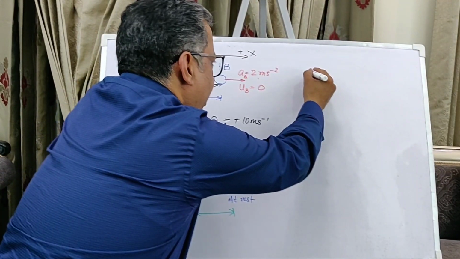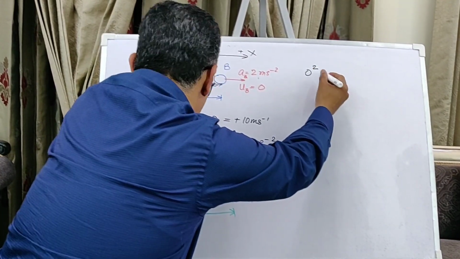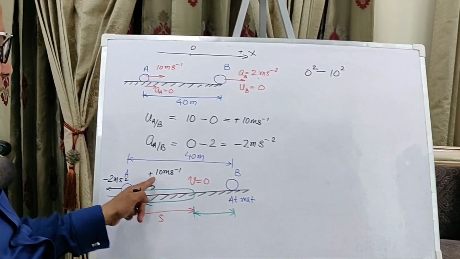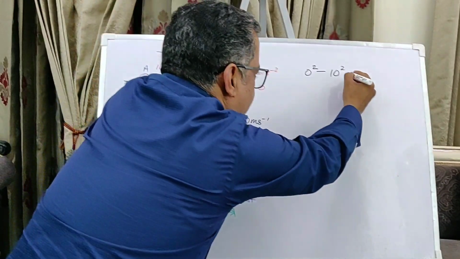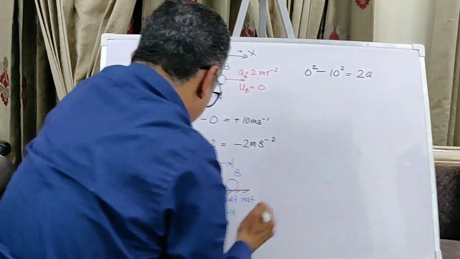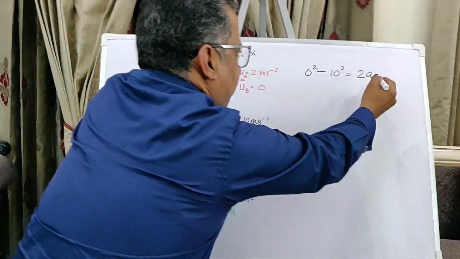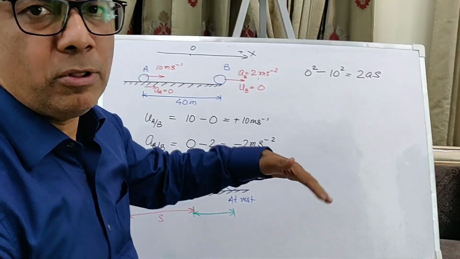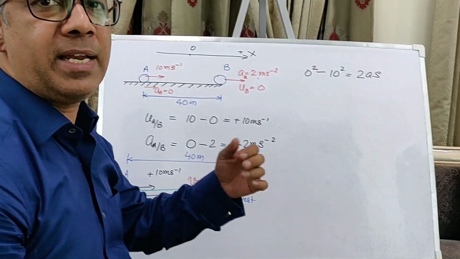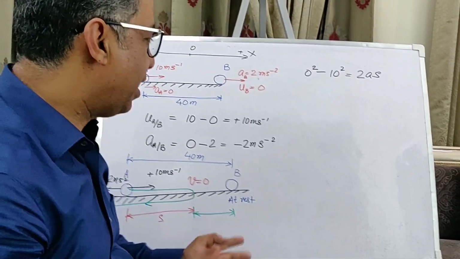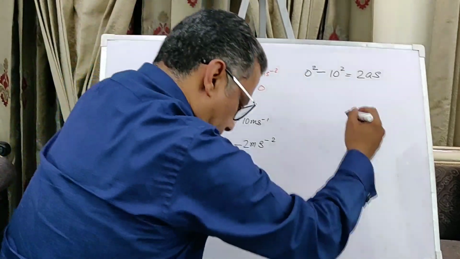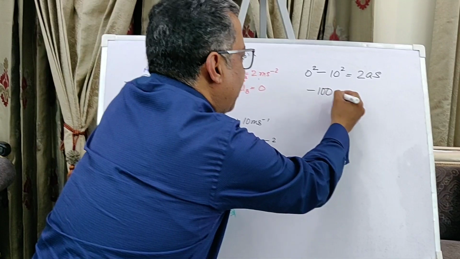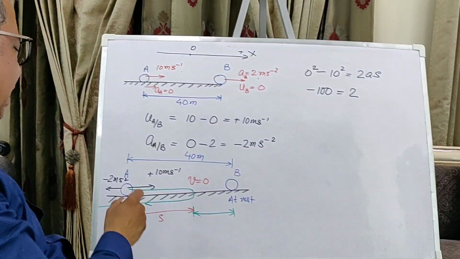So v square minus u square, that is 10, equals 2a times this s. See, when we are using ideas of relative motion, all those equations that we have studied, all these ideas that we have studied so far, they all remain applicable. And we now have minus 100 equals 2a.